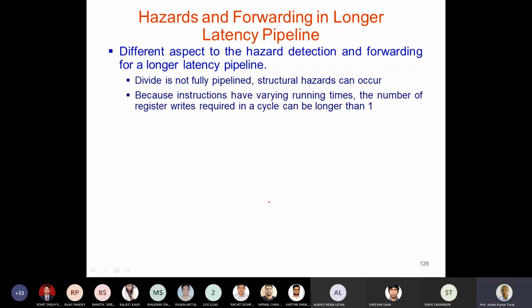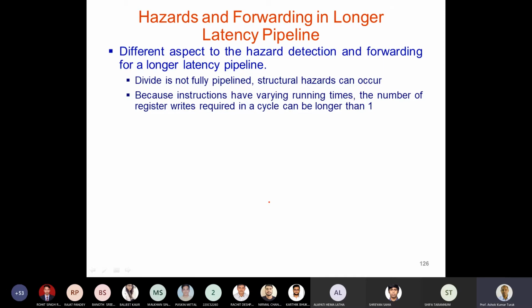Second, because instructions have varying running times, the number of register writes required in a cycle can be more than one. The instructions take multiple clock cycles: in the previous case some took 24 clock cycles, some 4, some 7, and some 1 clock cycle.